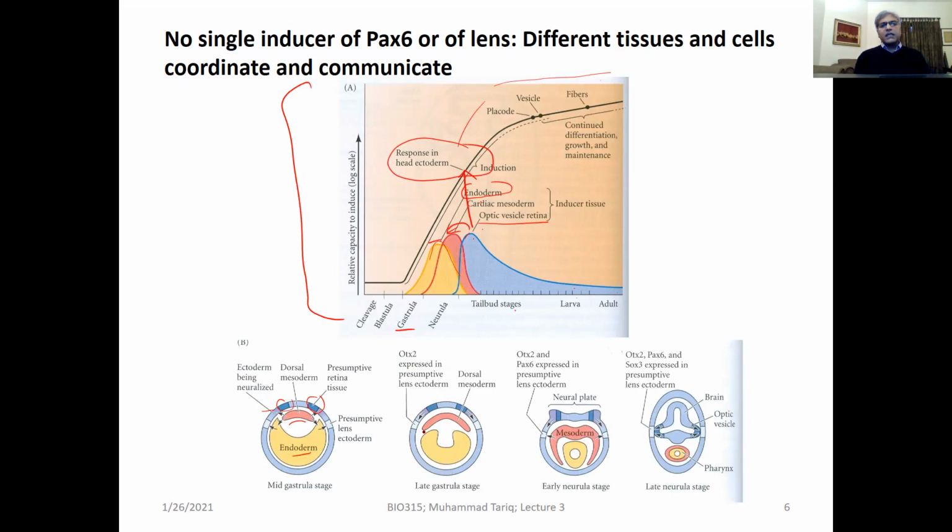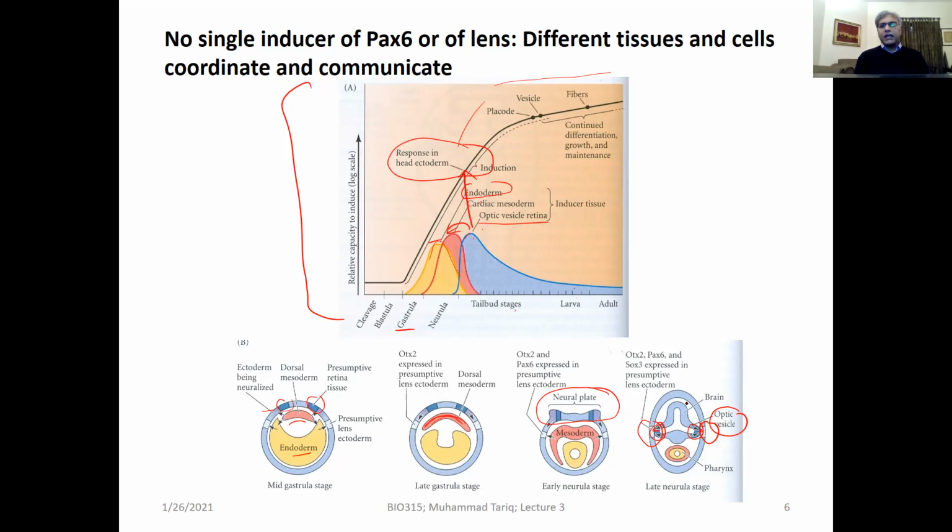And if you see now, from this dorsal mesoderm a signal is coming, and that is going to result in neural plate formation. This neural plate formation then results in the formation of the optic vesicle, and this optic vesicle sends a signal to the head ectoderm, which results in lens formation.